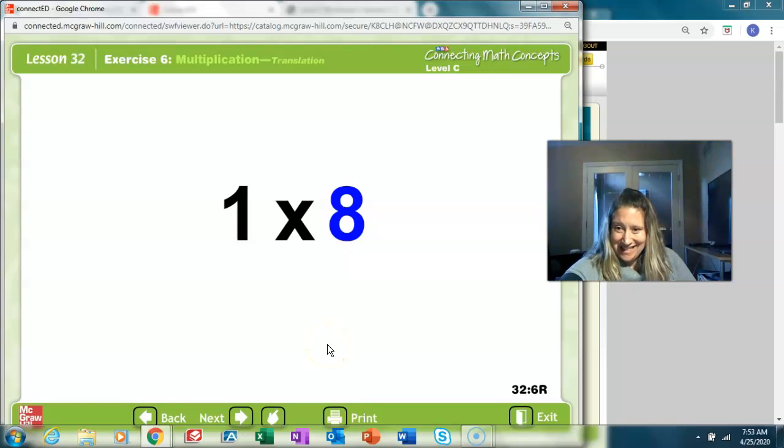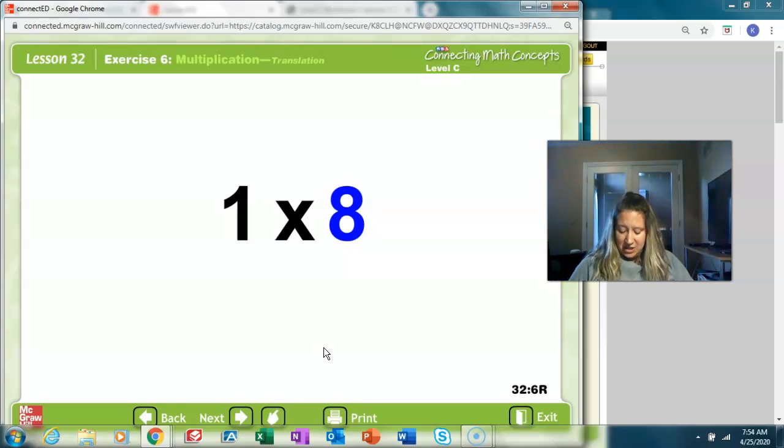Okay? What does E stand for? The end number. What does S stand for? The start number. Okay? If someone ends with more, then E is the big number. And if someone ends with less, then E is the small number. Okay?